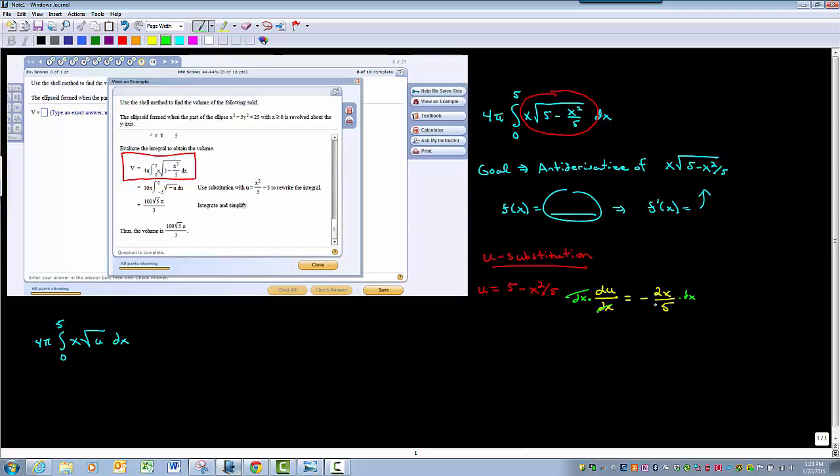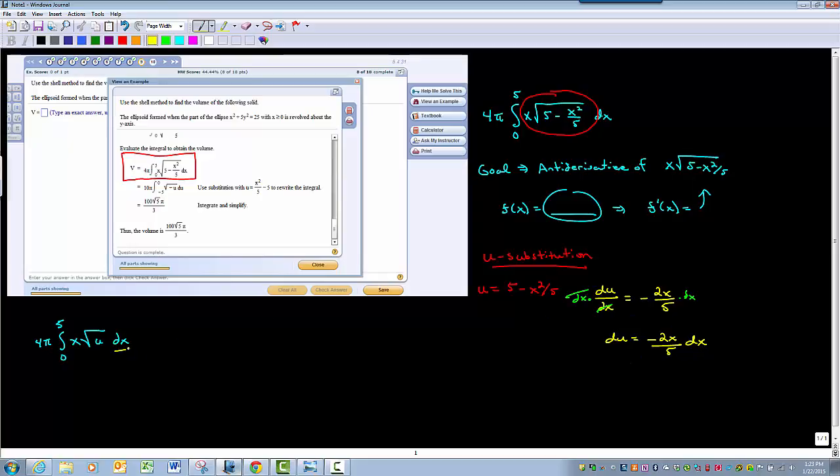So these guys cancel, and I'm left with du is equal to negative 2x over 5 dx. Really, you can think about this in terms of differentials. In Cal 1, you cover differentials, and so you should be able to get this.